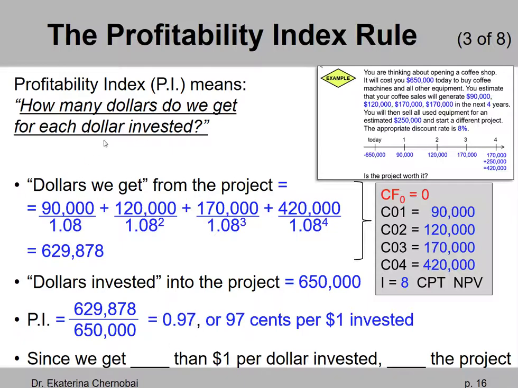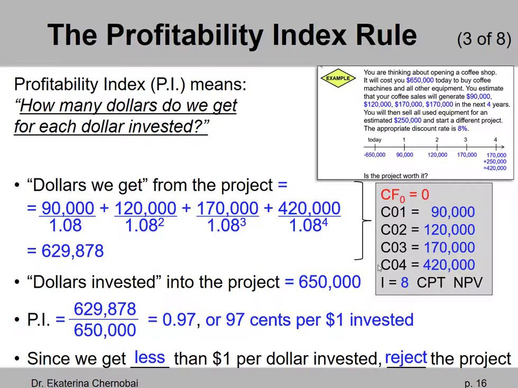It means for every dollar invested today, we get back 97 cents, right? 97 cents per dollar invested. Is it good or bad? It's bad, right? We want more than $1 to come back to us for every dollar we spend today. And because that's not the case, the project should be rejected.